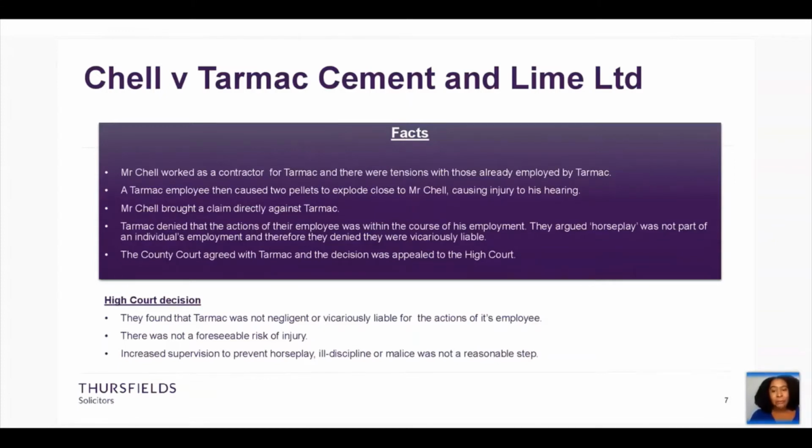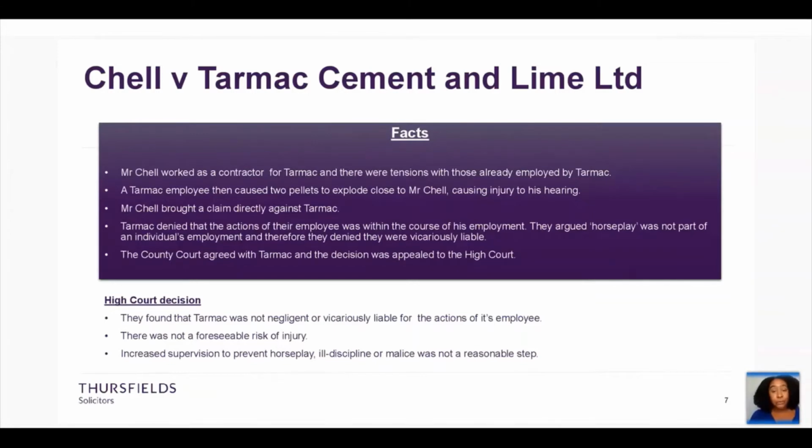Despite Mr. Shell making them aware that there had been rising tensions between contractors and employees, the court found that it was not a foreseeable risk. There was no foreseeable risk of injury, as tensions were not so serious as to suggest there was any impending threat of violence.